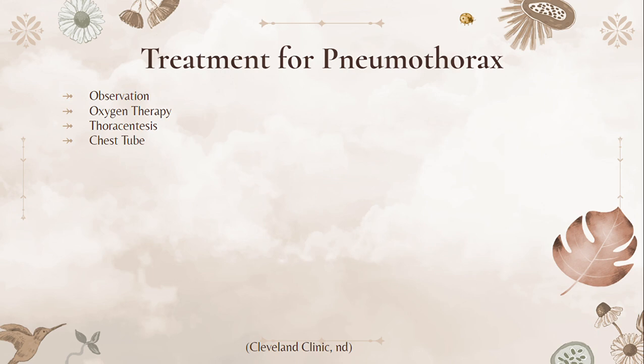Chest tubes are also a common procedure for this. This is when a tube is inserted to drain the air, to allow the lungs to heal, and that chest tube can be in place for several days. And finally, we have a chemical pleurodesis. This is when an incision is made, a tube is placed, and then a chemical is actually used to reattach the lungs to the chest cavity.